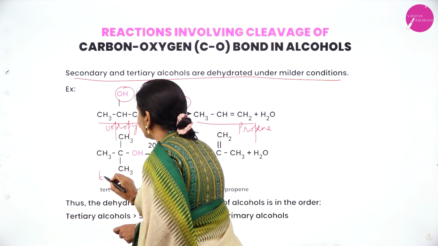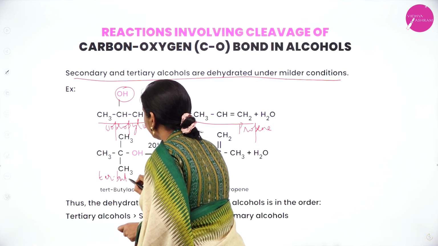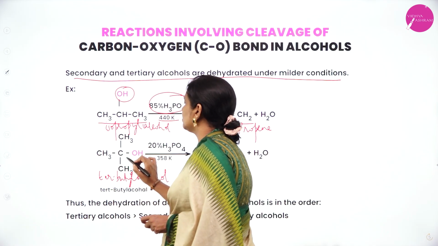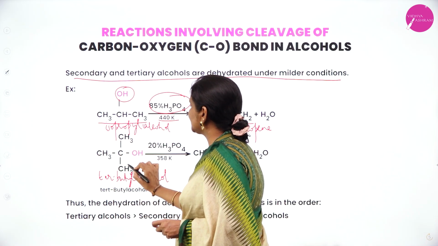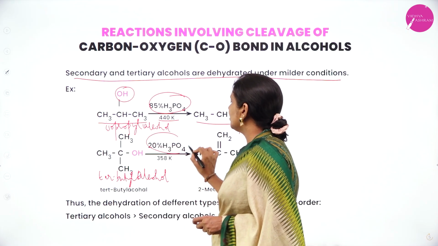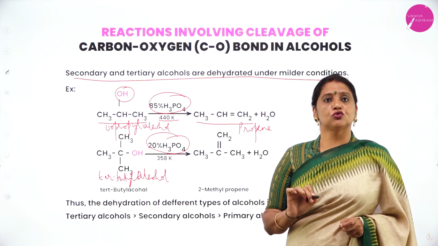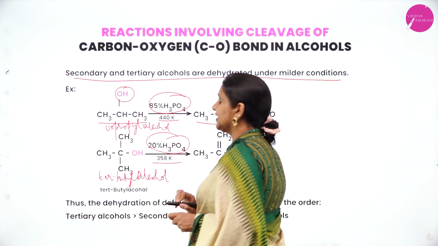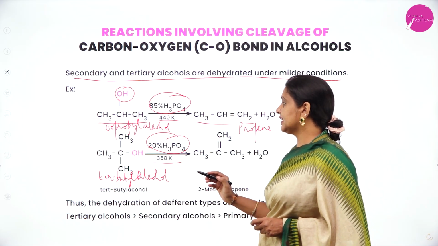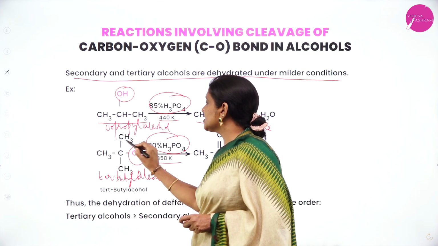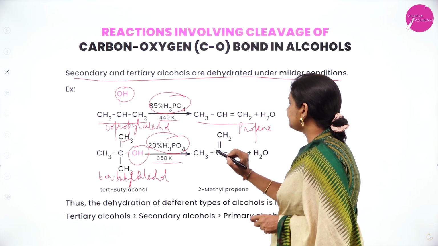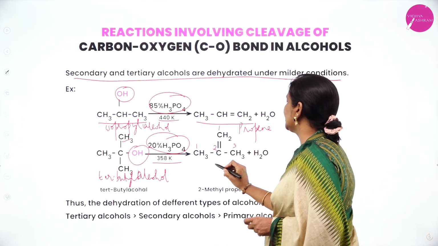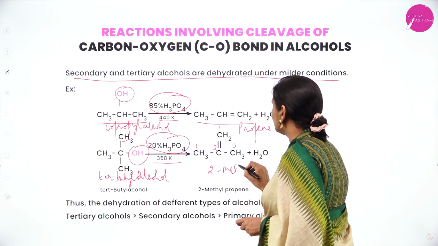Next, when I consider tertiary butyl alcohol, (CH3)3COH, in the presence of 20% H3PO4 at 358 Kelvin, there is a removal of OH as well as H, and it will become 2-methylpropene.